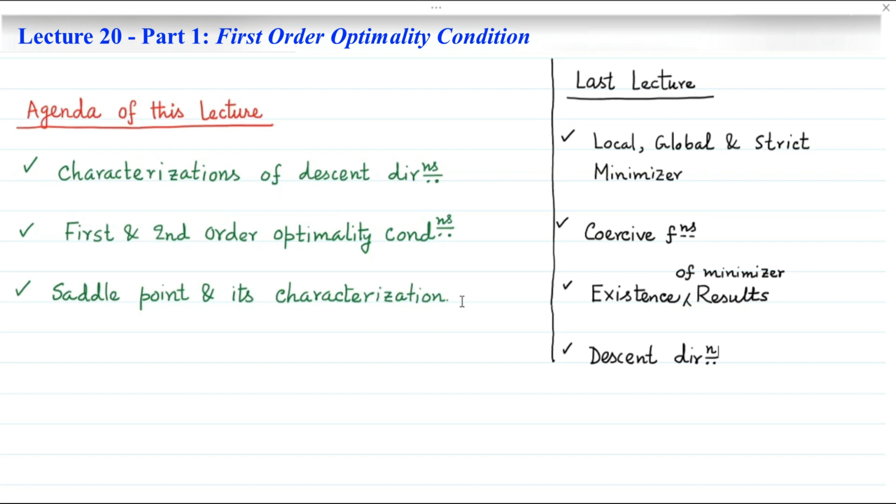As you all know by now, by first order and second order conditions, we mean some conditions which will involve the first order and second order derivative respectively of the given function. So at first let me give you a result on characterizing descent directions of a given function which is known to be differentiable.